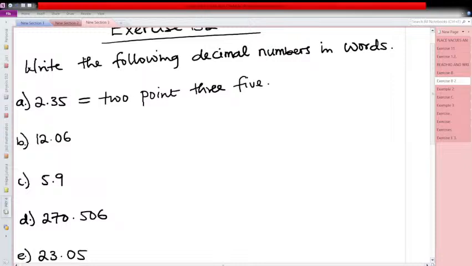12.06. Okay, that's correct. What about C? Okay, C 5.9, correct.